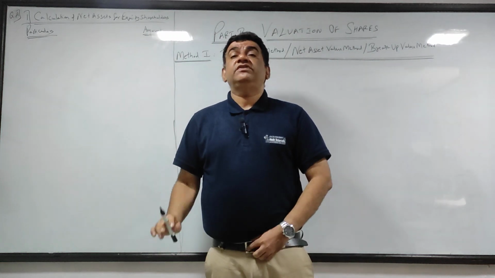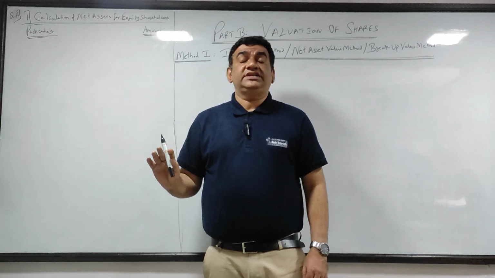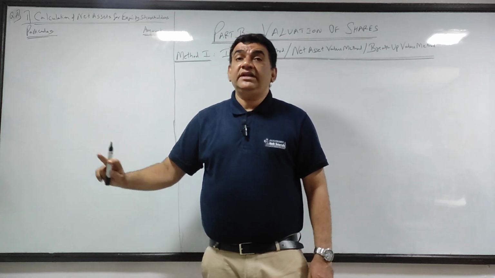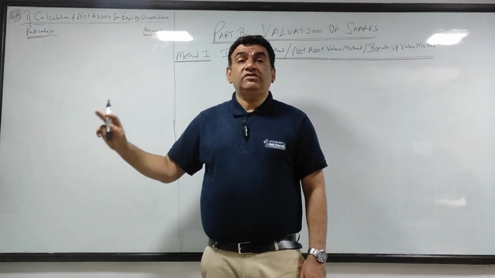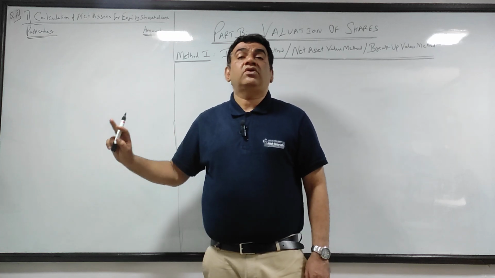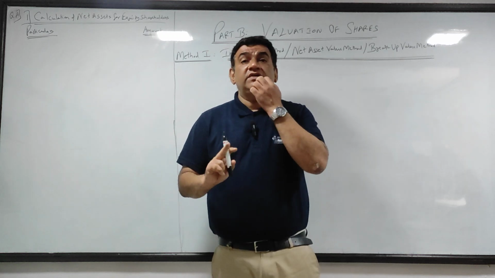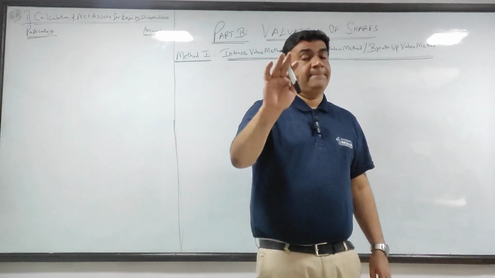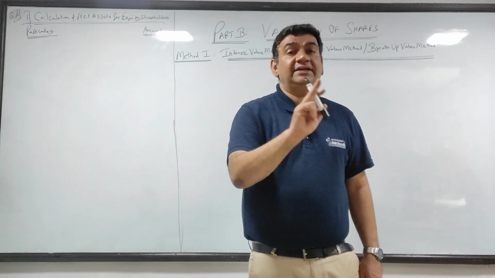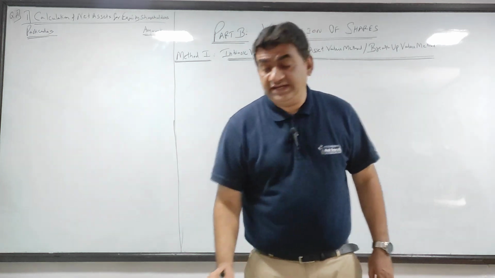Your total assets will only exclude fictitious. Goodwill you will take. Non-trade investment you will take. If it was capital employed for goodwill, then we don't take goodwill and non-trade investment. But here you will take all the assets including non-trade investments and goodwill, but you will exclude only fictitious.